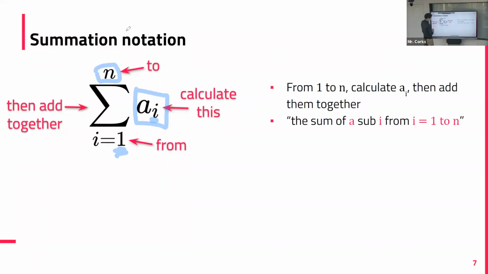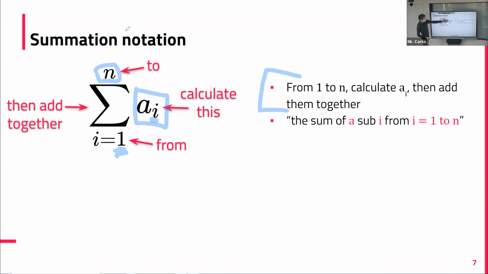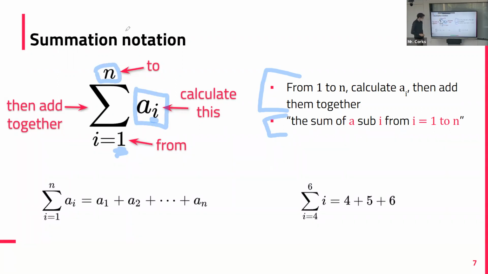Some examples here. Right, this is just what this means, written out in words. If we were to read this out loud, it would be the sum of ai from I equals 1 to n. Kind of formal, kind of English way of reading that. Some examples of this.